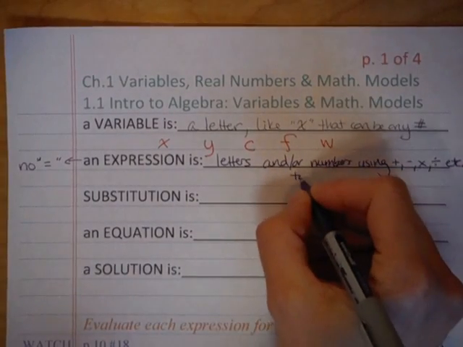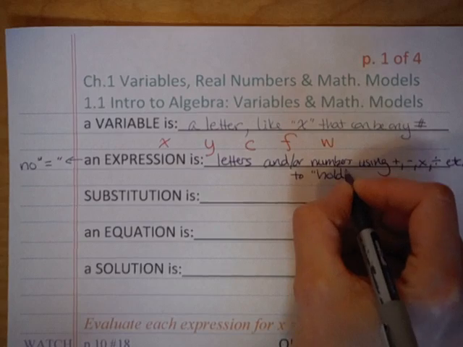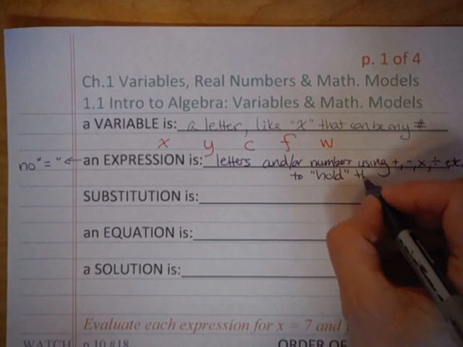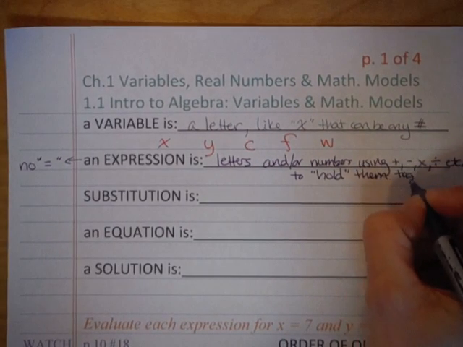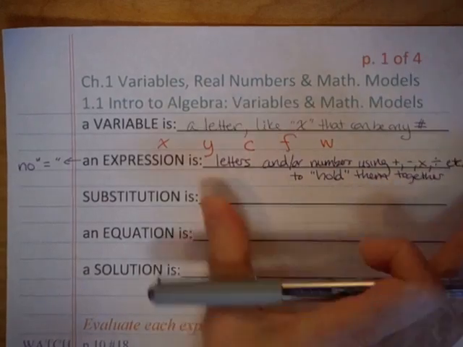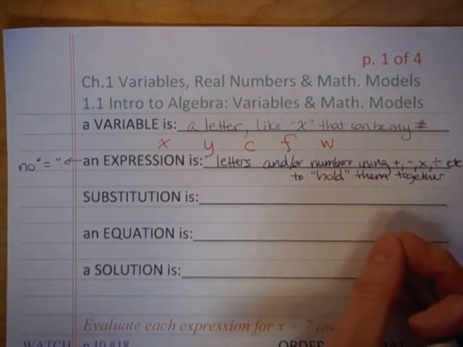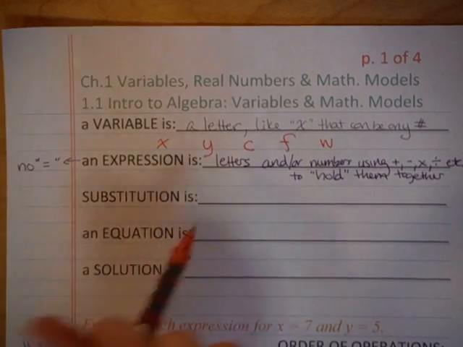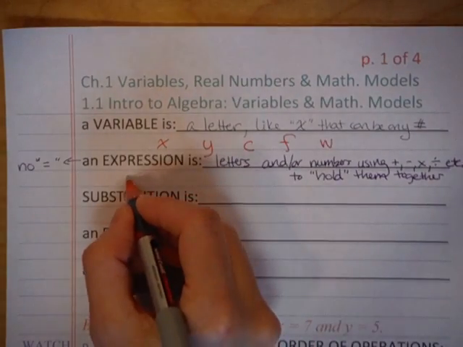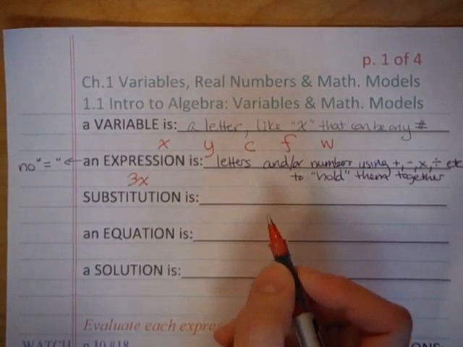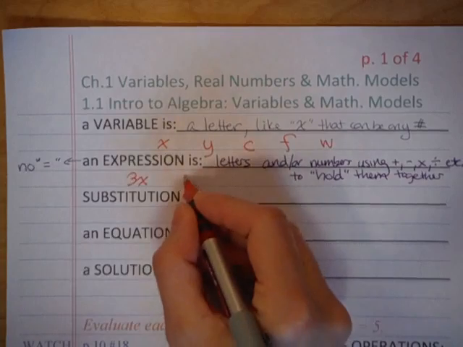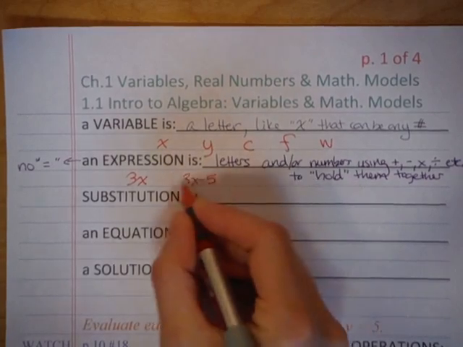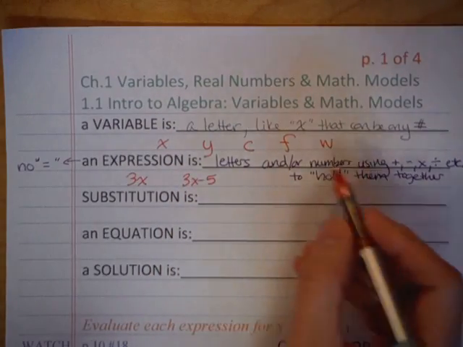That's not a mathematical term per se, but it helps us understand what we're talking about. Operations that are used to connect different terms, and we'll use that vocabulary quite a bit as well. So what's an example of an expression? Something like 3x, which means 3 times x, or maybe 3x minus 5, 3 times x minus 5.